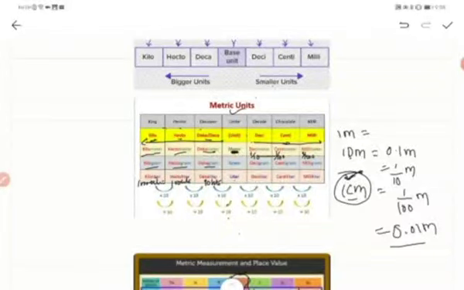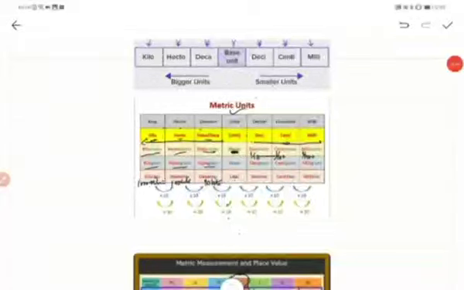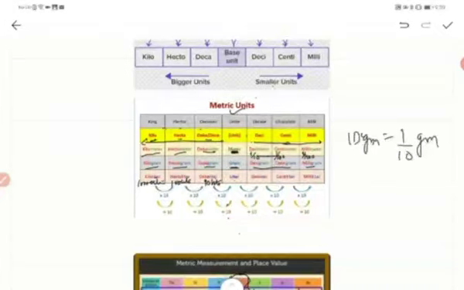And when you go for gram as a basic unit, it is decreasing here. So decigram, centigram, milligram. Now tell me, what is 1 decigram equal to? It is nothing but 1 by 10 gram, or 0.1 gram. Centigram and milligram work in the same way.